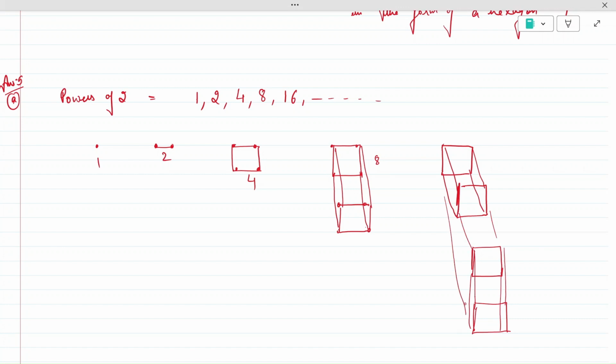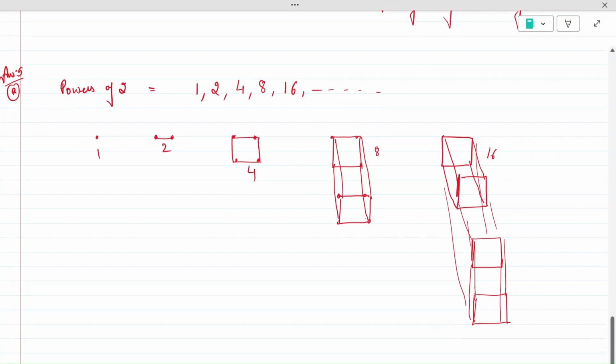Okay, we can join these also. So this is how we can extend. Now if I have to make 32, it will be an extension. We have to do this once and this one time more. So this is how we can make a power of 2.